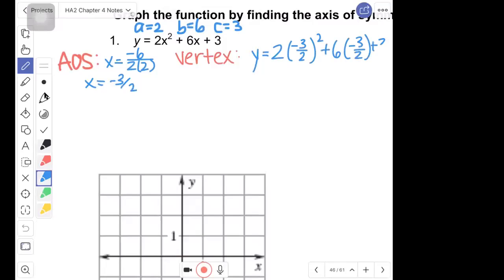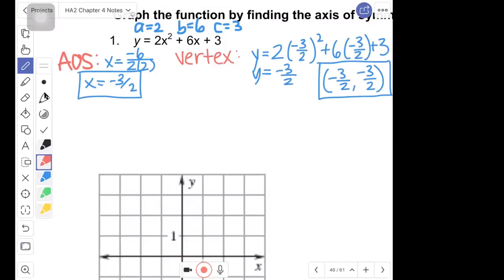So we're plugging that -3/2 into our quadratic function for x, and we do end up getting -3/2. So our vertex is -3/2, -3/2. Awesome. Next are intercepts.